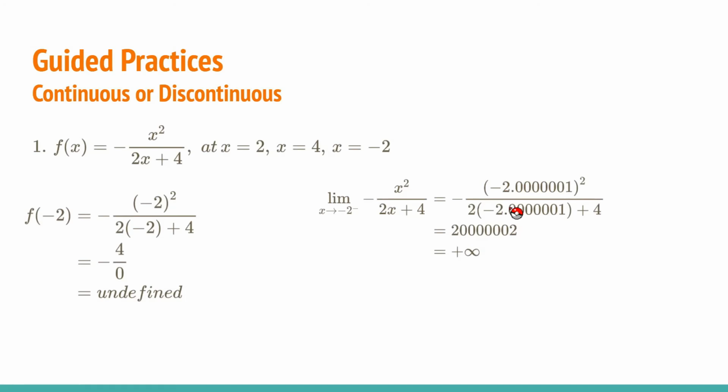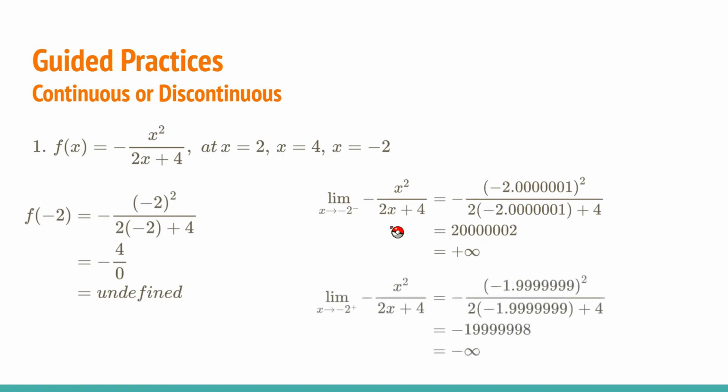So next, let's try to find the limit from the right. The closest value to negative 2 from the right is negative 1.9999999. So that's the value that we will replace x with.